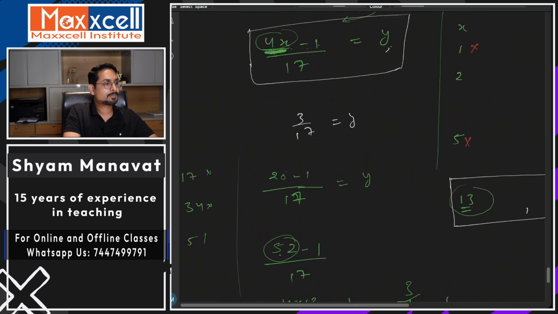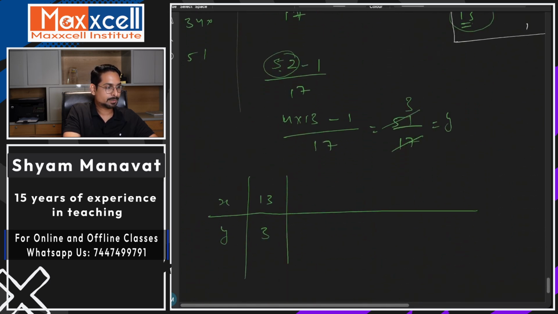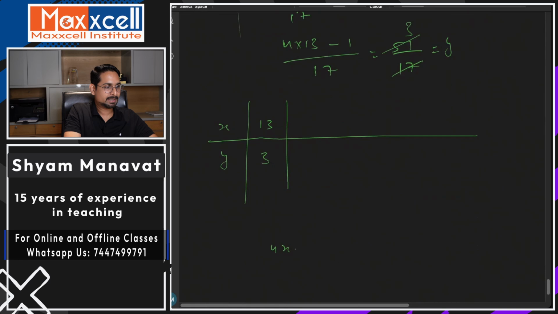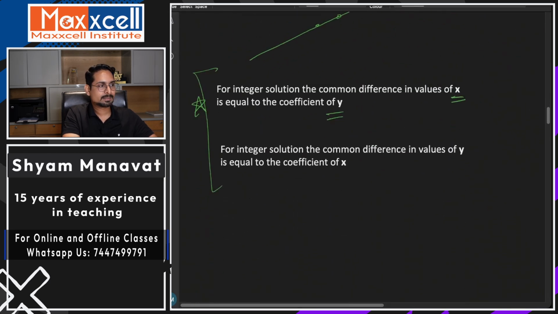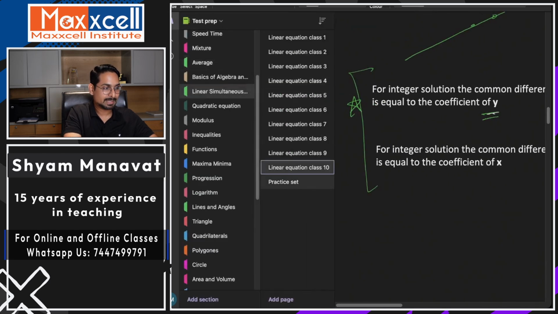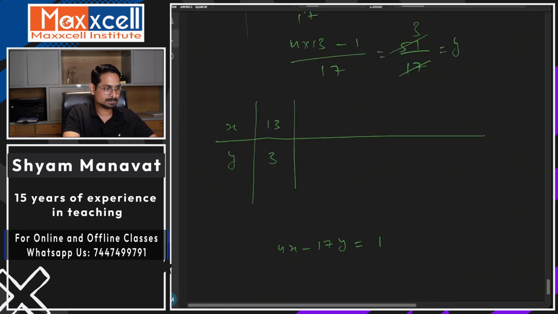What should be the next value of x? The equation is 4x minus 17y equal to 1, correct? If you remember this trick, which trick? Yes, this trick: the common difference in the values of x is equal to the coefficient of y. It's a trick, it's not a rule as such.